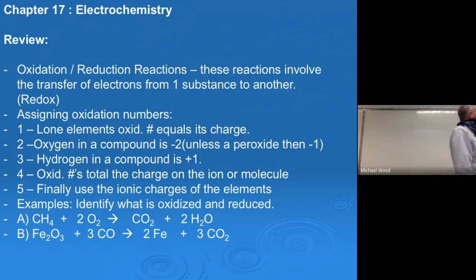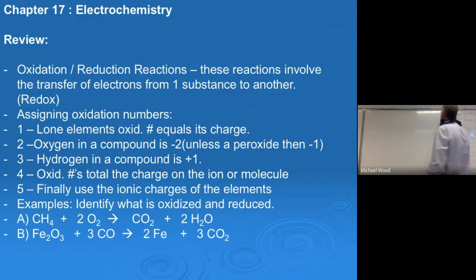So if we have O2, which we're going to do in a second, I'm going to say almost all the time in a compound, oxygen's oxidation number is its charge, which is -2, with the exception of a peroxide. But when O2 is by itself, when something is by itself, its oxidation number equals its charge. Then oxygen in a compound is -2 unless it's a peroxide.